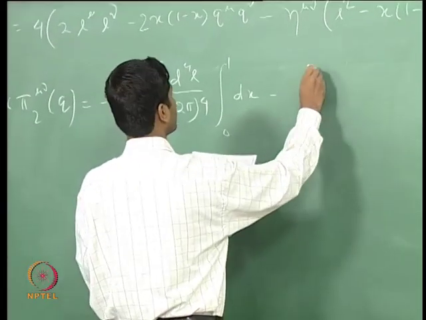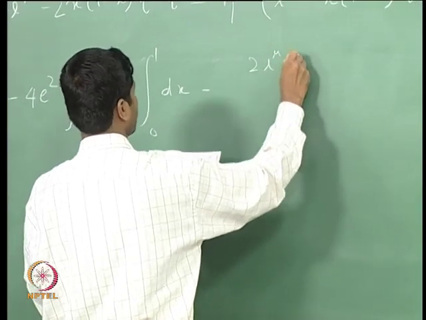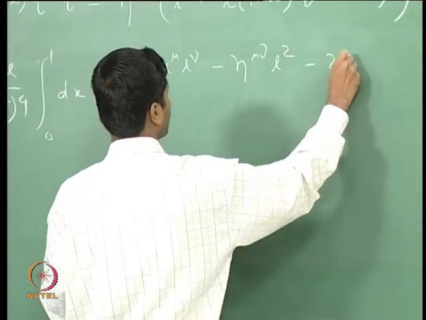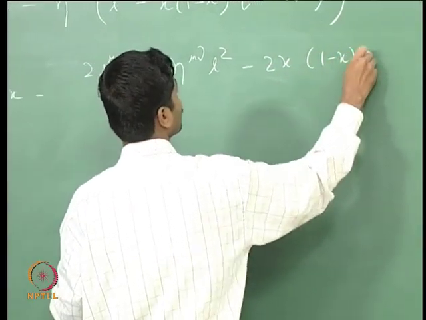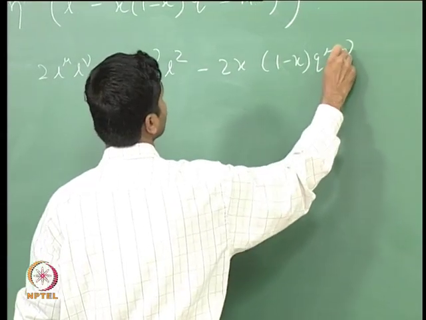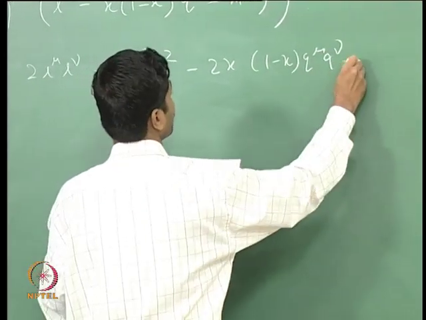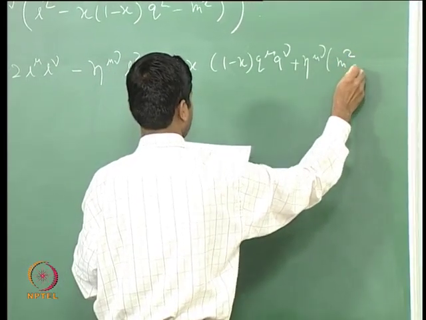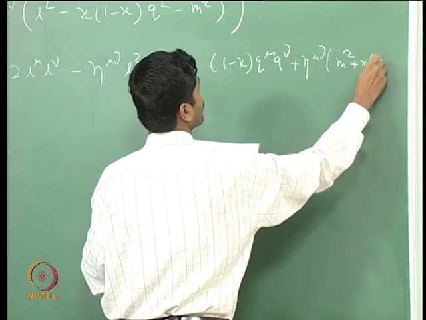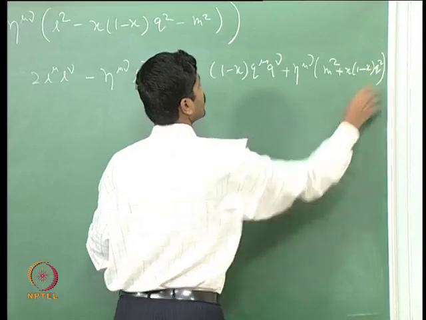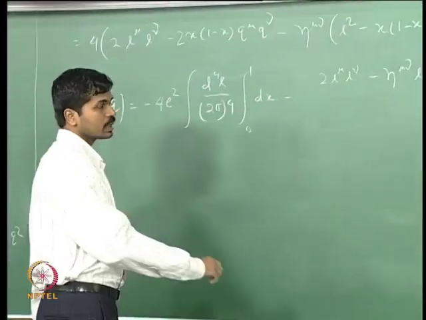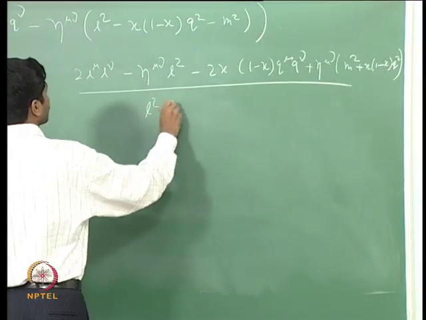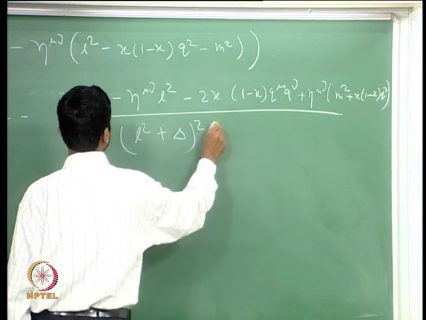So, I have 2 L mu L nu minus eta mu nu L square minus 2 x 1 minus x q mu q nu plus eta mu nu m square plus x into 1 minus x q square. This is in the numerator, and in the denominator I have L square plus delta whole square.